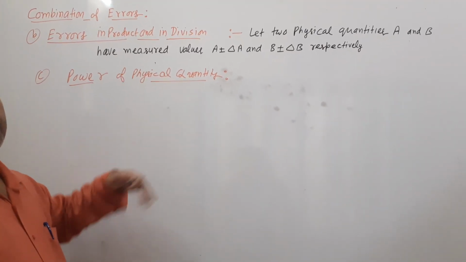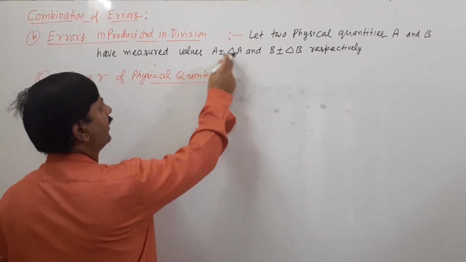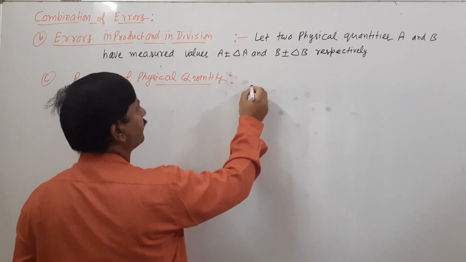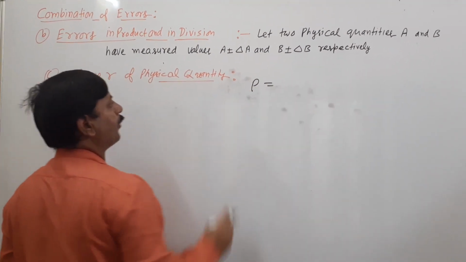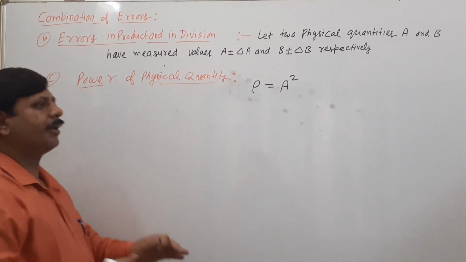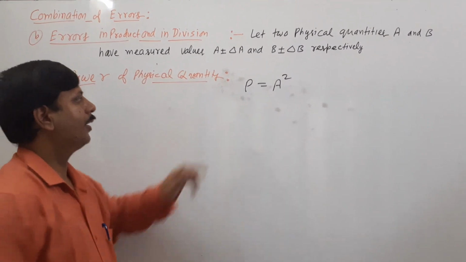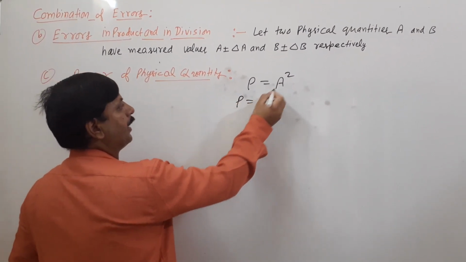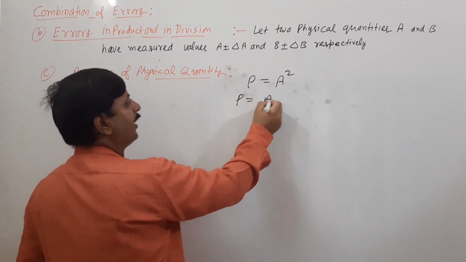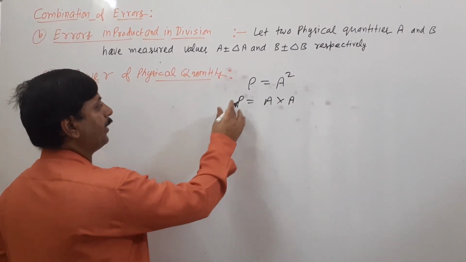When we will take power, suppose A is a physical quantity measured at A plus minus del A. P is any quantity, that is power, A power 2. Suppose I have taken 2. What will be the error? A square can be written as A into A. If I am applying the product rule, what happens?